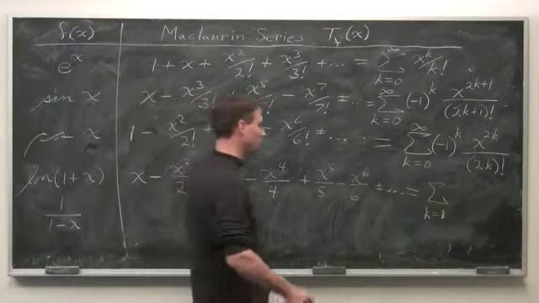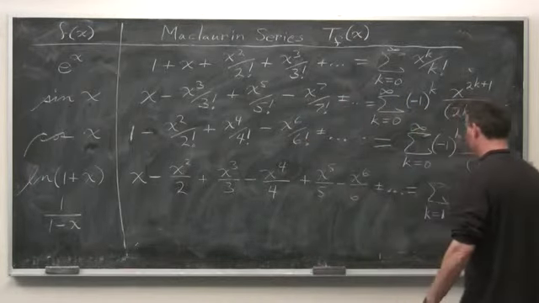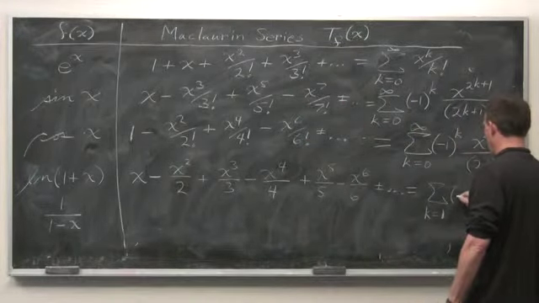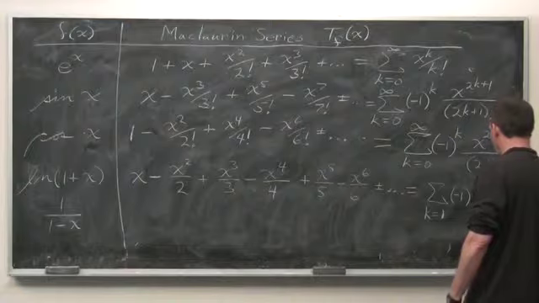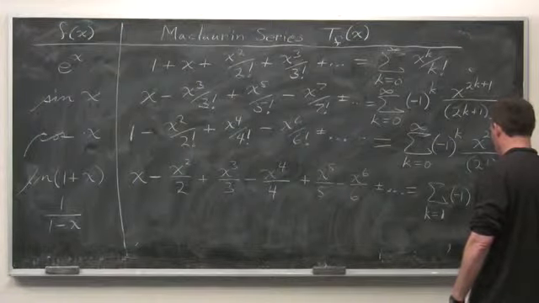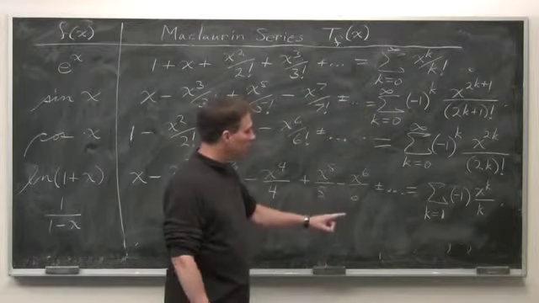We just don't even want to start there. So you start at k equals 1, but after that, the pattern is obvious, except maybe for the minus signs. You get an x to the k over k, no factorial, assuming this is right, and we'll see why it's right. But you get this.